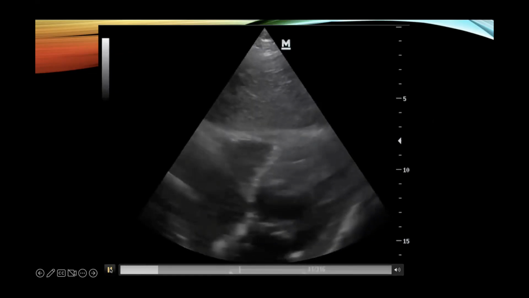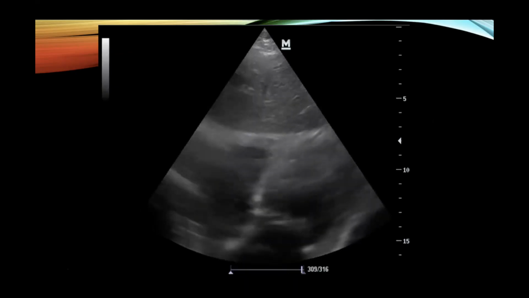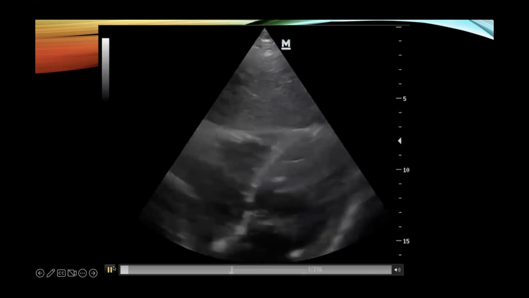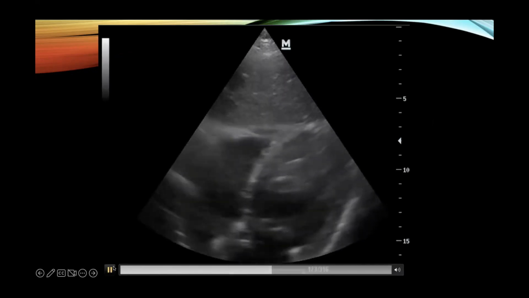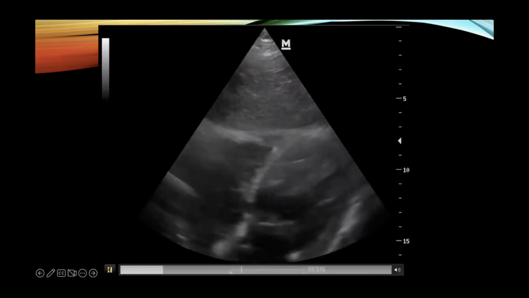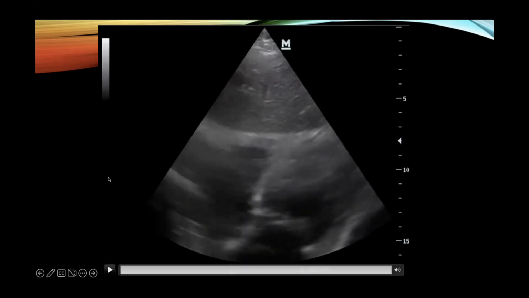Play it again. What do you think, Chris? Very similar, yeah. No good organized movement for adequate contraction. It looks like it's possibly fibrillating. Yeah, and like you said, your cardiac output here would be very minimal, right?